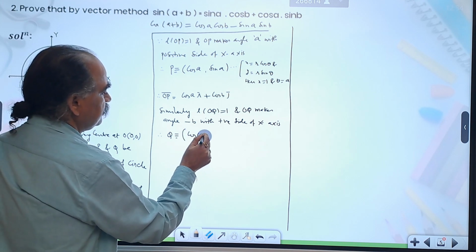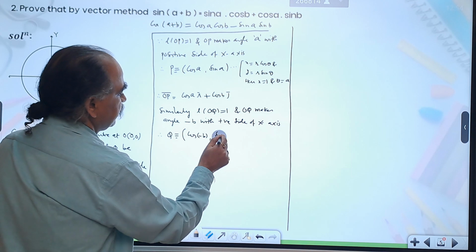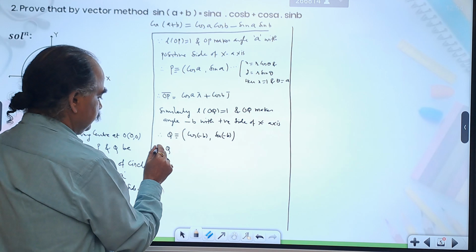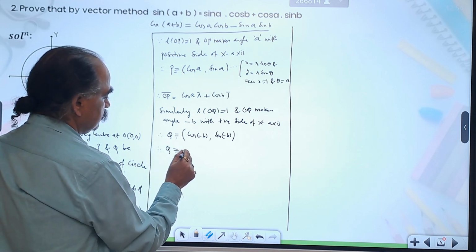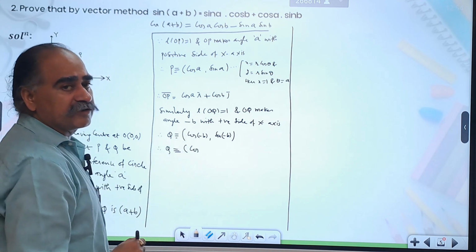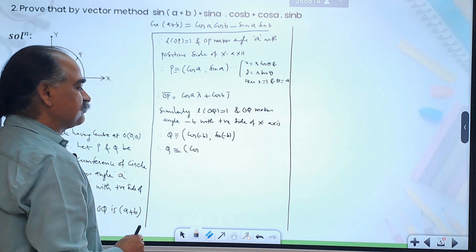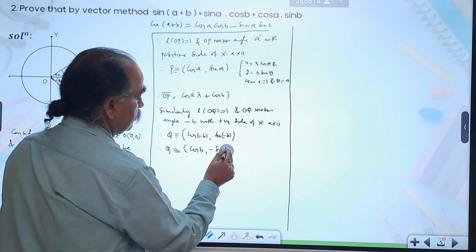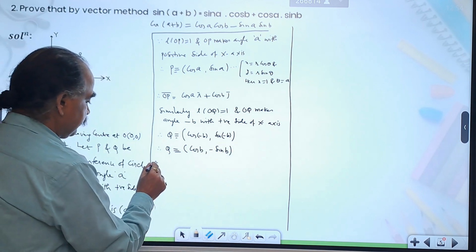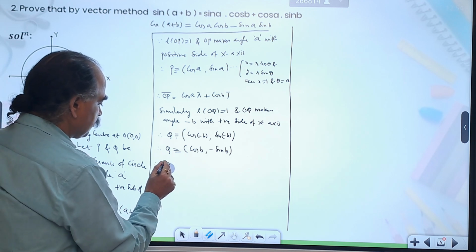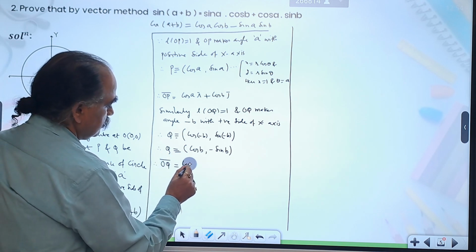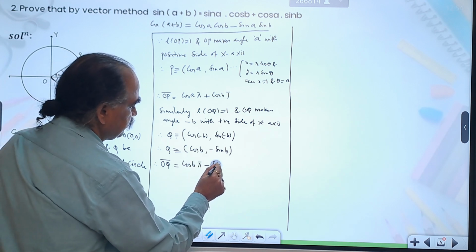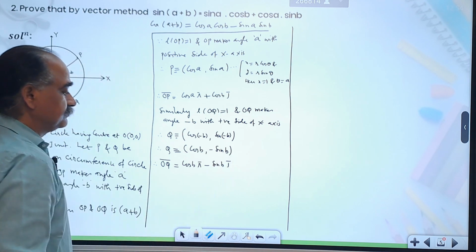Cos of minus B comma sine of minus B. Therefore, Q corresponds to cos of minus theta is plus cos theta, but sine of minus theta is what? Minus sine theta. So cos B comma minus sine B. Therefore, position vector of point Q is what? Cos B I bar minus sine B J bar.